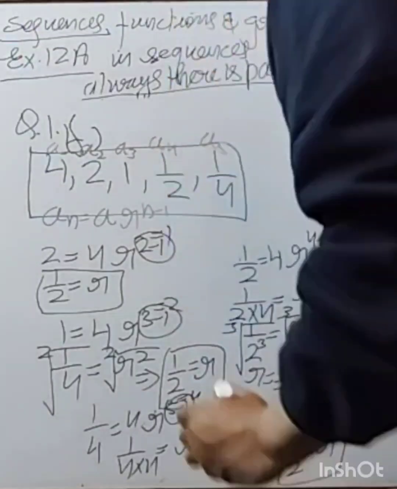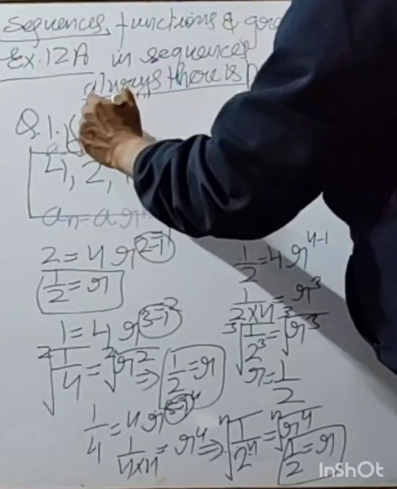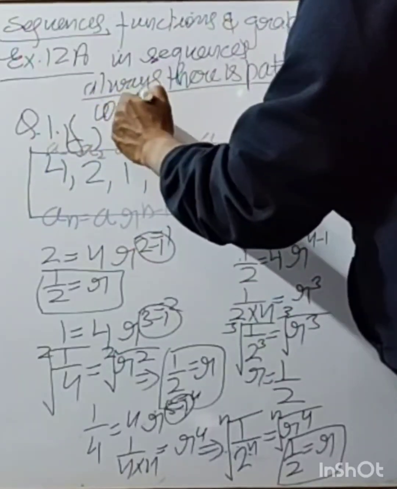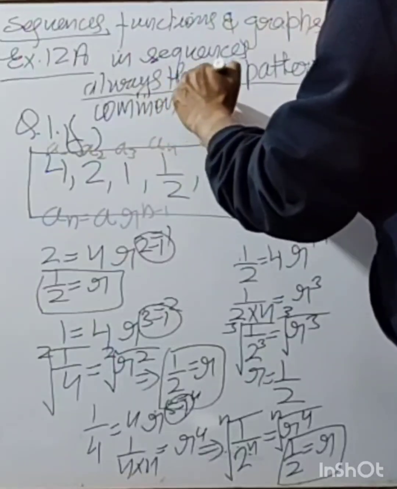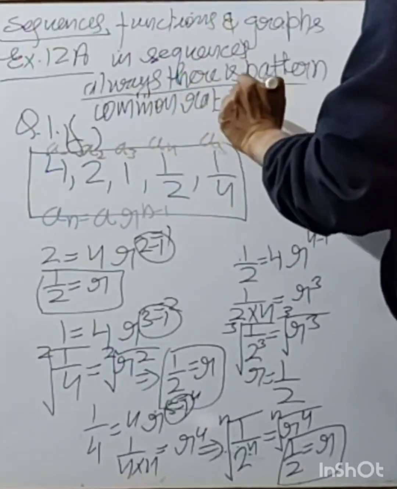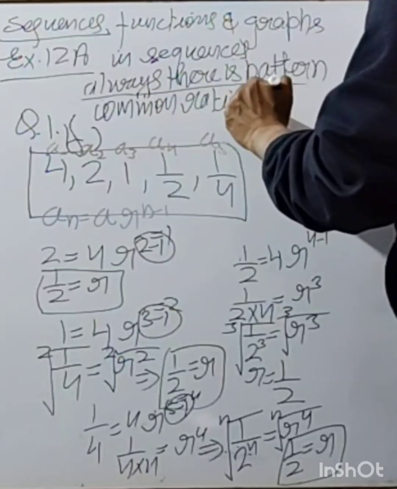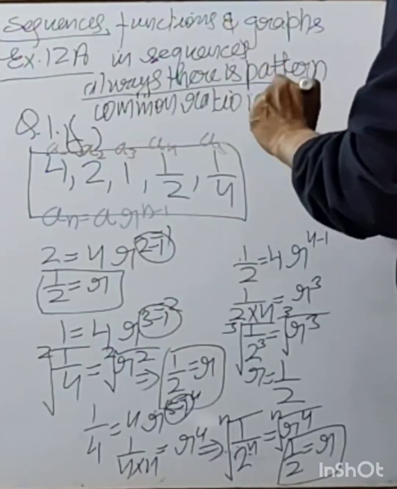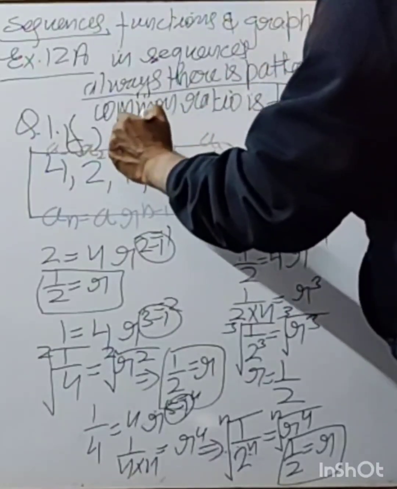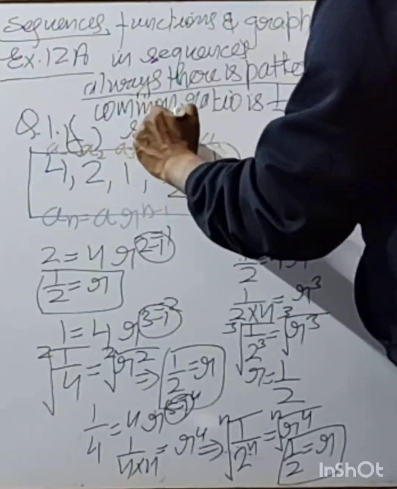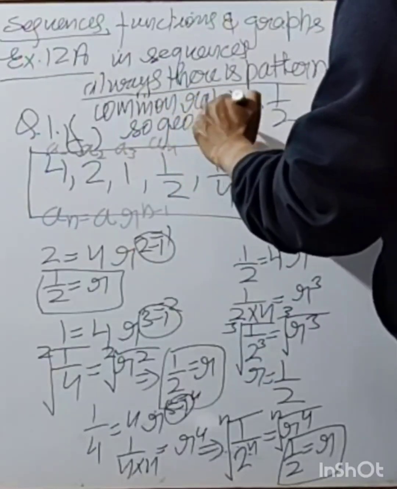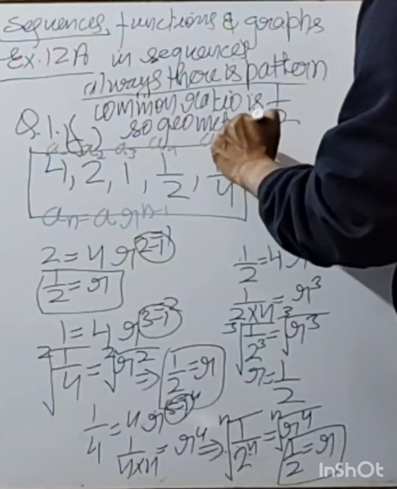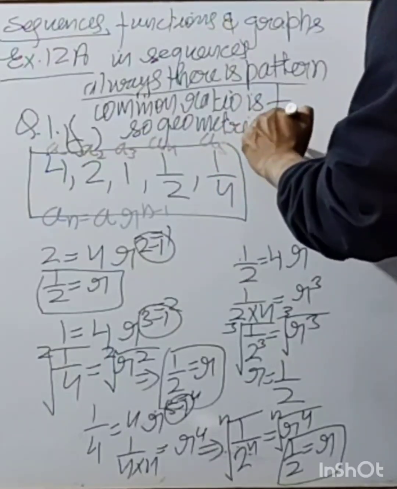So the common ratio is 1 by 2. So it is a geometric sequence. I hope you get this.